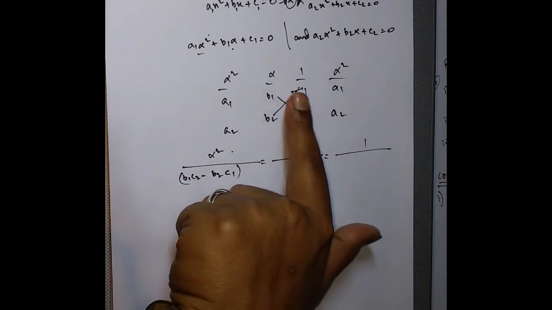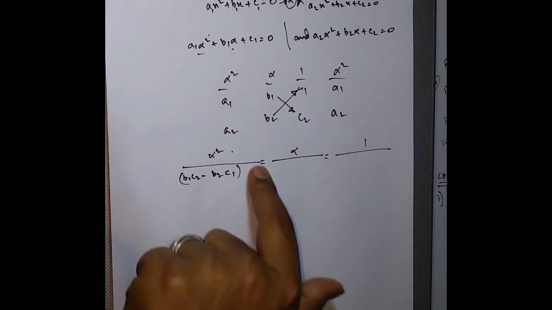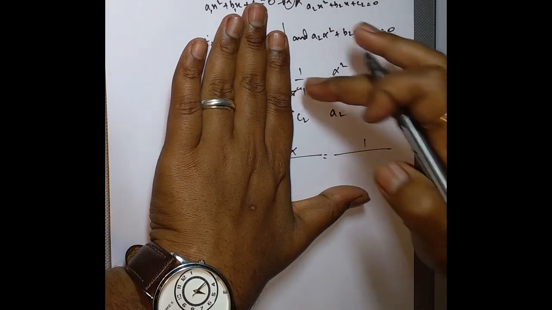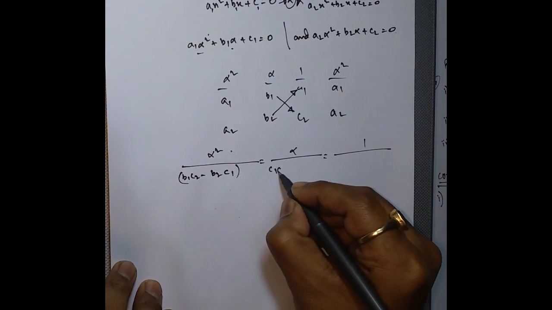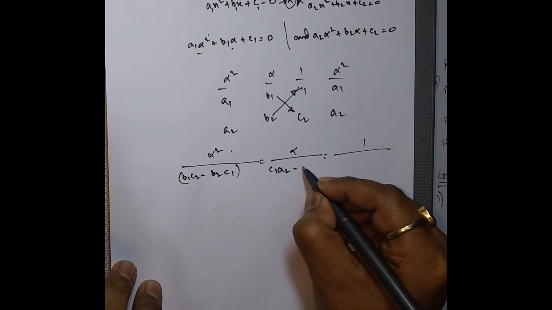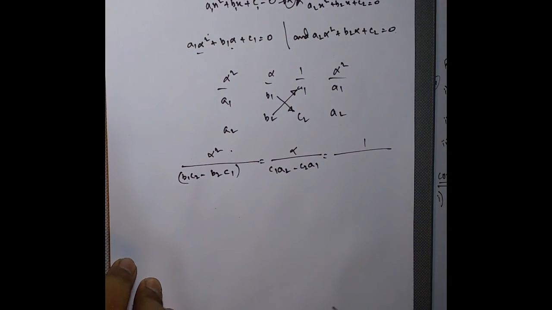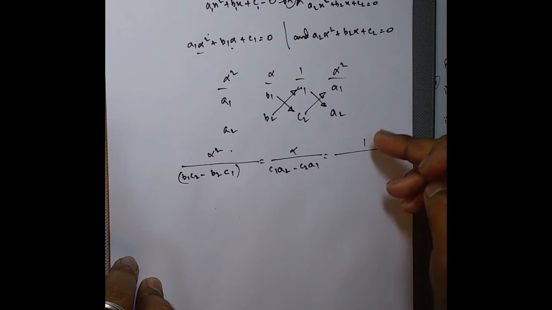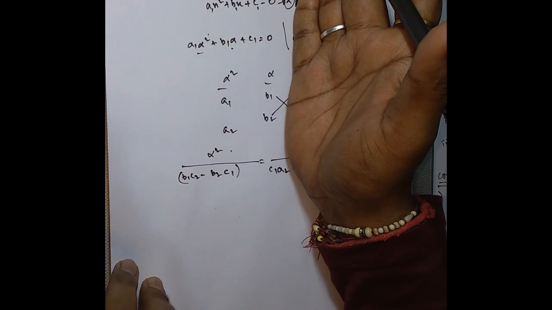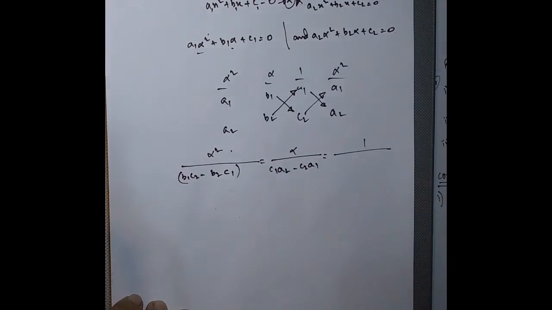When you write the denominator part of alpha, just cover alpha. c1 a2 minus c2 a1. Very easy. When you write the unity part, cover it: a1 b2 minus a2 b1.